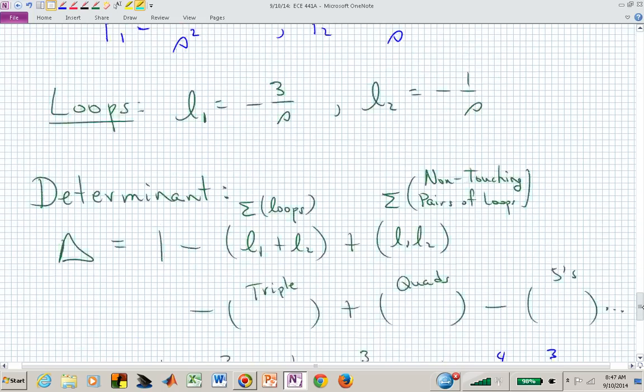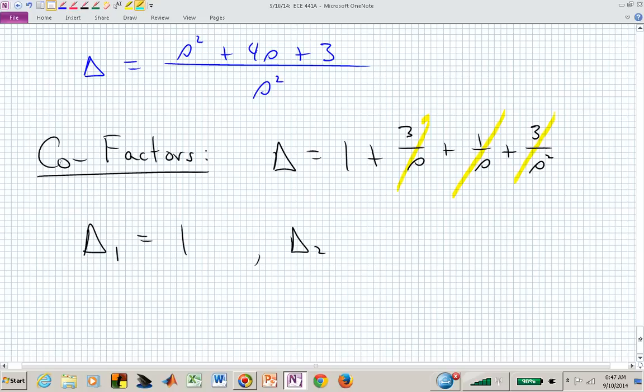And that was this 3 over s term, so we don't have that one. We keep the other one, don't we? The 1 over s. But this guy got eliminated because that was the product, and L1 was disconnected. What's the cofactor then for path 2? It's the ones that aren't touched by the blue highlights, which is now 1 plus 1 over s.